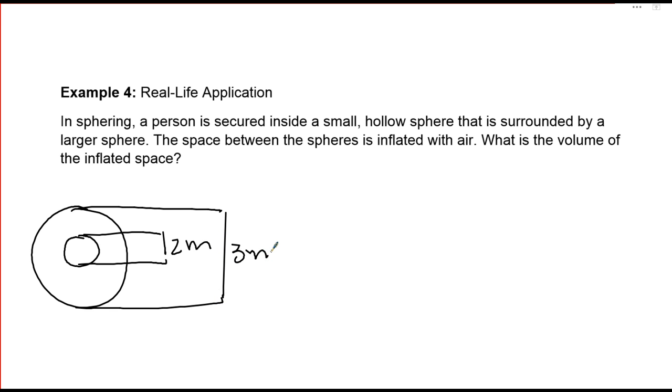Okay, so I need to find the volume of the outer sphere and the volume of the inner sphere, and then subtract those two because I want the space filled with air. So the outer sphere, remember the volume of a sphere equals 4/3 pi r cubed.